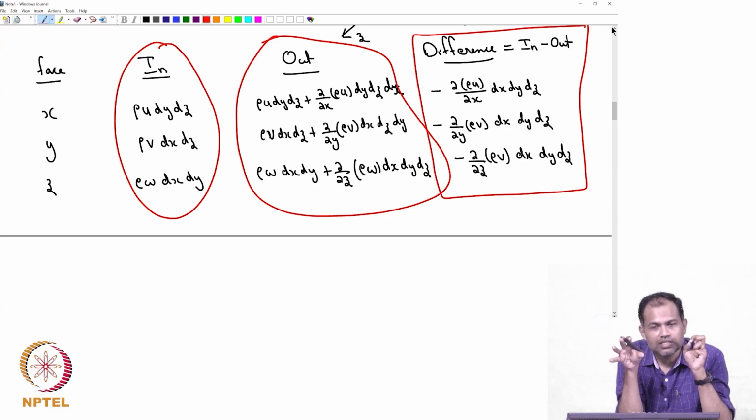So, if mass is accumulating in that fluid element, that means it is going to change the density of that fluid in that volume.